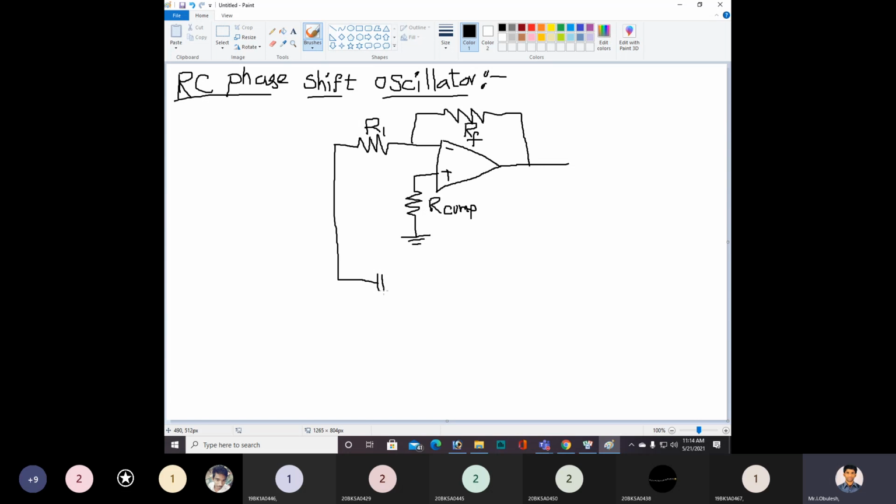Here you need to take one capacitor, one more capacitor, then I take one more capacitor. Here you need to take a resistor.